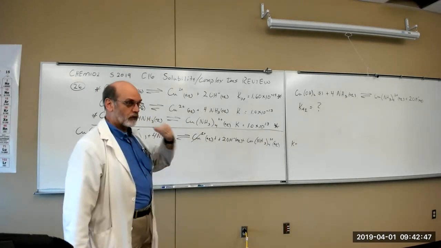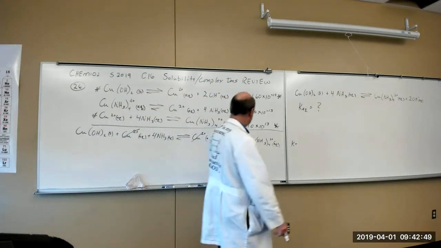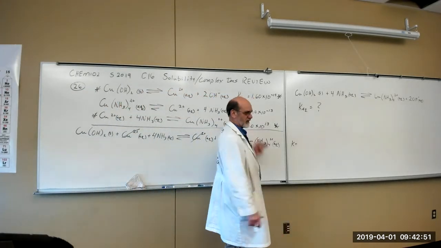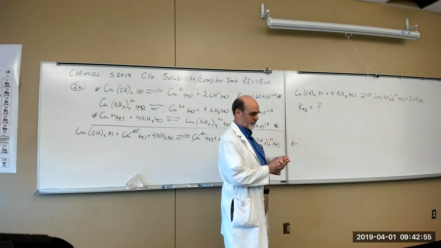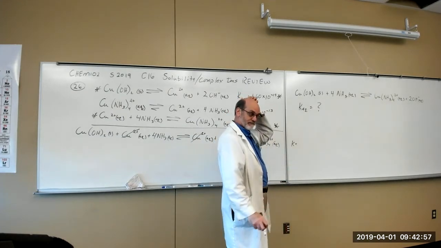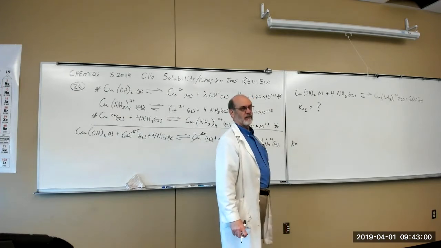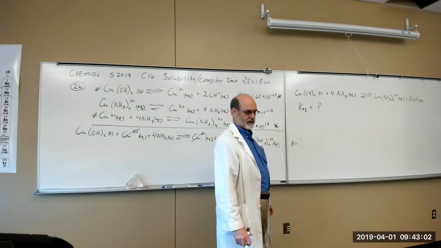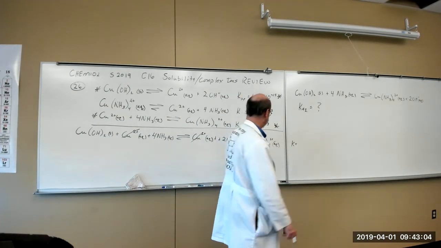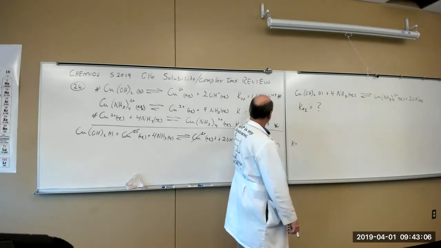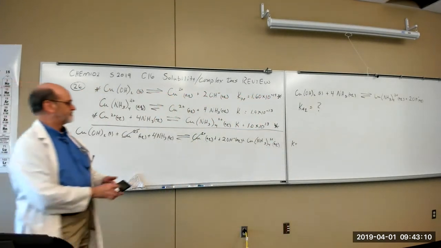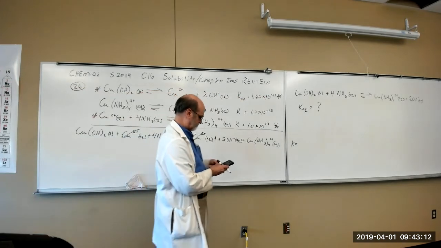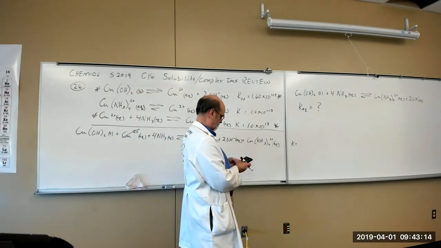Next question is, what do you do with the K values? When you combine equations, how do you combine the Ks? I cannot remember. Multiply the Ks. So it'd be this one times that one gives you your K. So did we even have to write all that other business out?